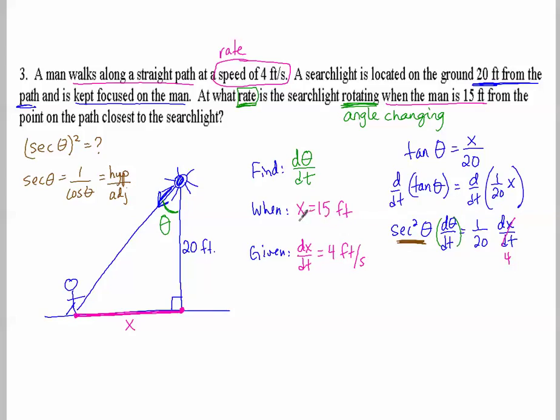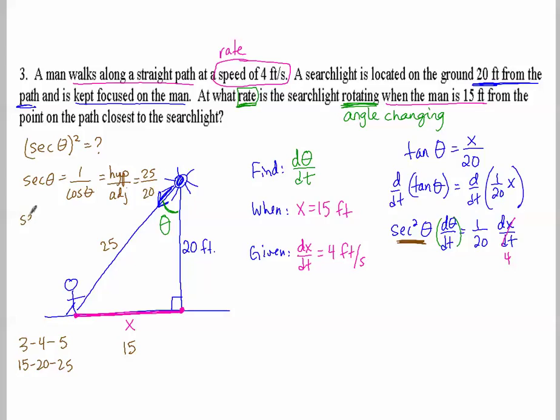My when is x is 15. So when x is 15, and that side is 20, here's our triple 3, 4, 5 multiplied by 5: 15, 20, 25. So our hypotenuse is 25, and hypotenuse over adjacent gives us 25 over 20.